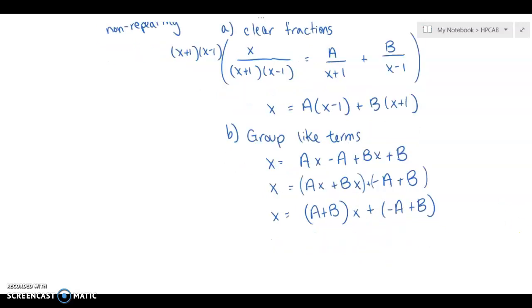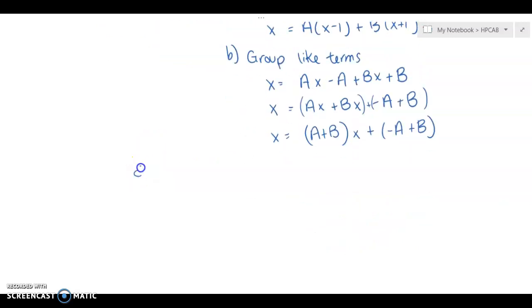Okay. From here, I'm going to do something called equating the coefficients. So I'm going to equate the coefficients of x and x to the 0. On the left side here I have x to the first.